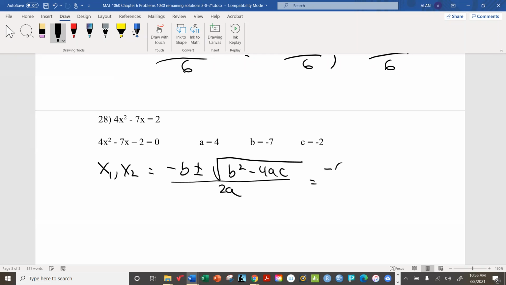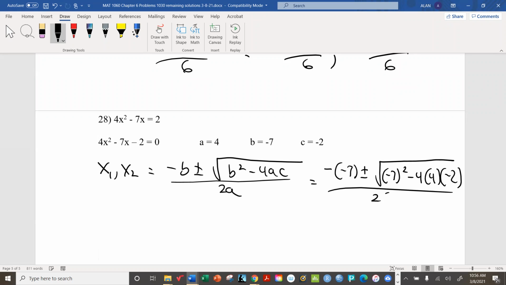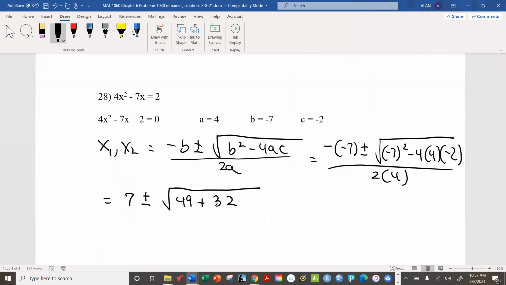So we have minus, minus 7, minus 7 squared minus 4, 4, minus 2, all over 2 times 4, 7 plus and minus the square root of 49 plus 32, all over 8.